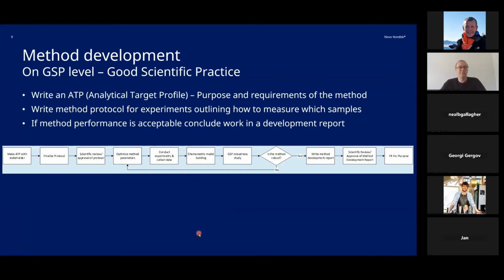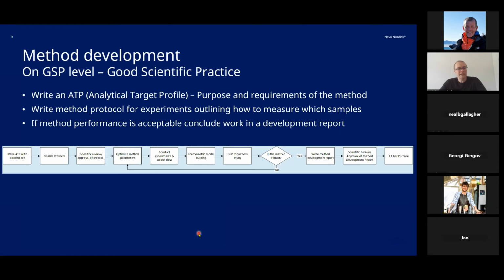So going back to the method development on the GSP level, that is for the proof of concept. We would like to write an analytical target profile that was also mentioned in the ICH Q14, which states the purpose and requirements of the method.